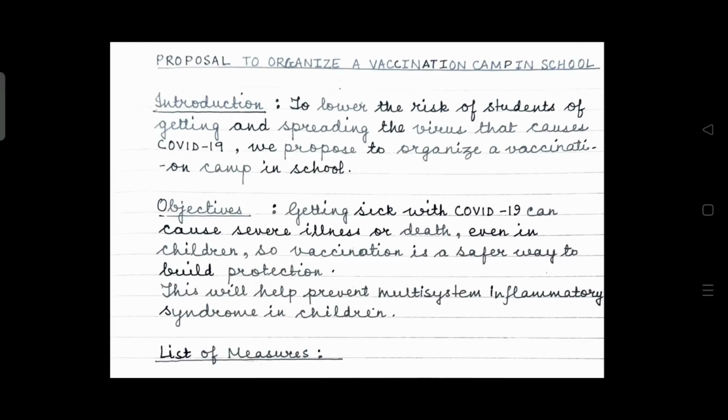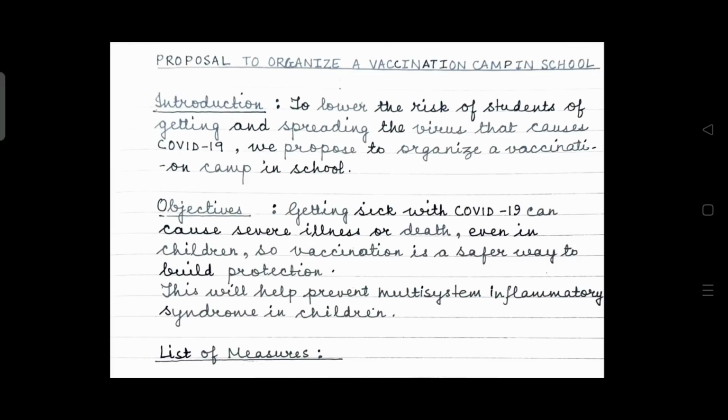So vaccination is a safer way to build protection. The first objective, a very clear, specific objective: build protection in children. The next objective: this will help prevent multi-system inflammatory syndrome in children.